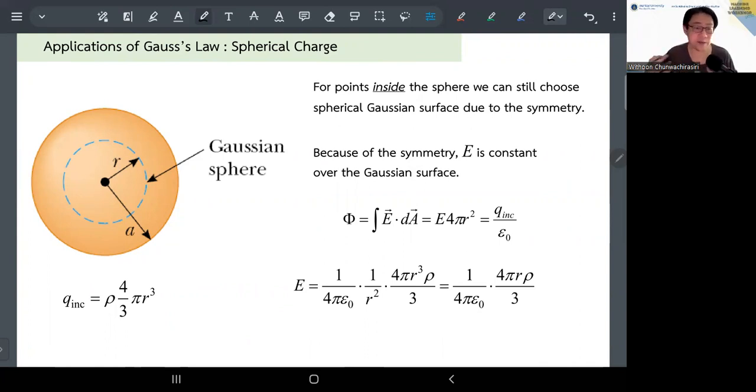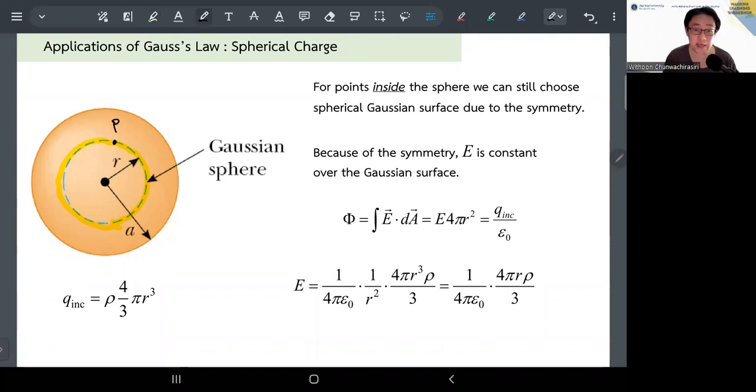So the symmetry of the problem does not change. You just change the location of your calculation. So that's why you're still supposed to pick a sphere to be your Gaussian surface. You just reduce the size, and pick a different sphere to include the location where you want to calculate the electric field.